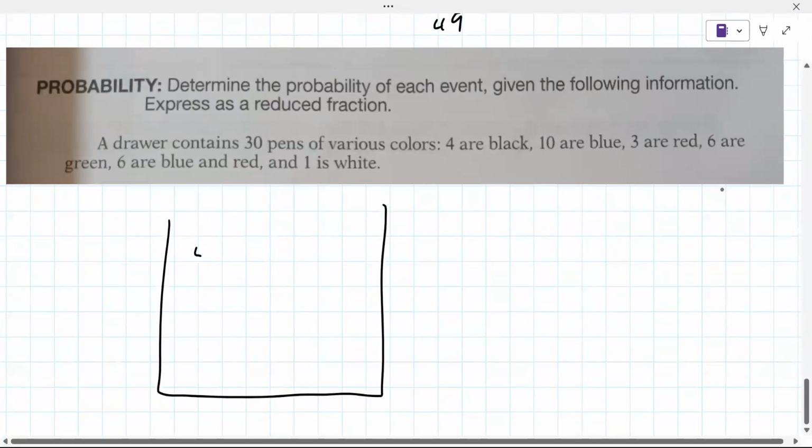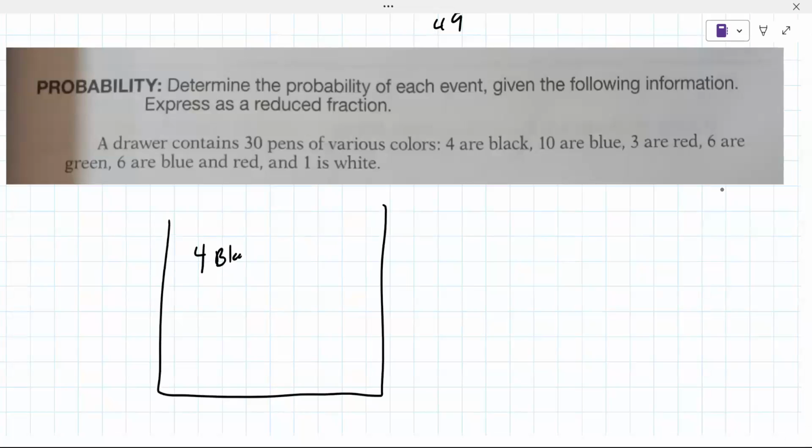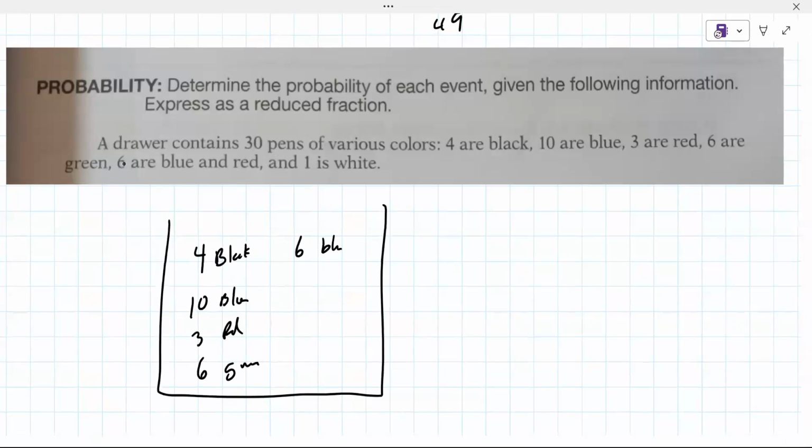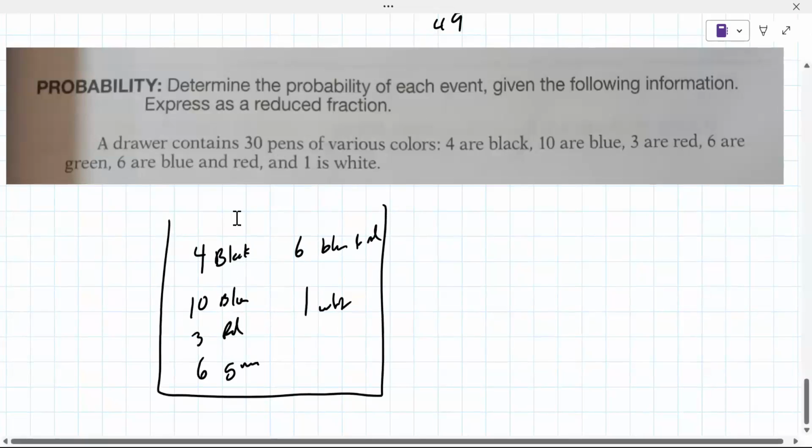You can just say 4 black, 10 blue, 3 red, 6 green, 6 blue and red, 1 white. Sometimes it's good to have a picture here.